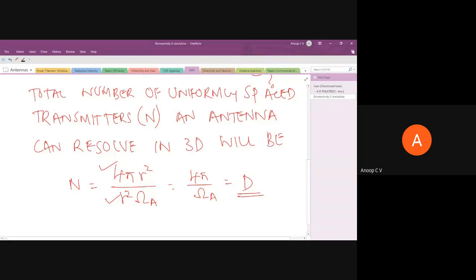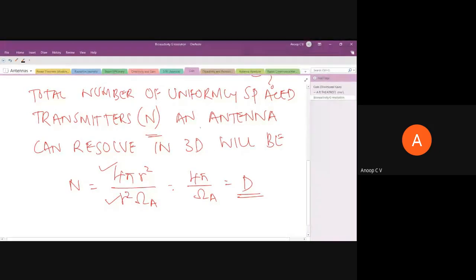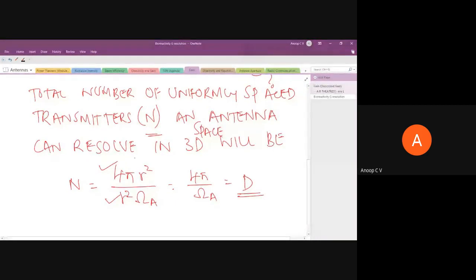So what I want to tell is the total number of uniformly spaced transmitters an antenna can resolve, that is capital N, in a 3D space or over a sphere of given radius, will be numerically equal to its directivity.